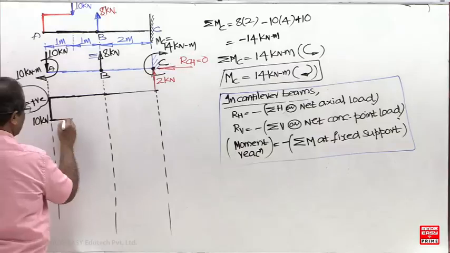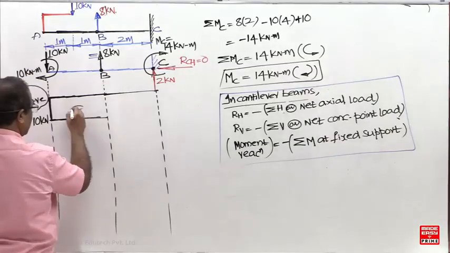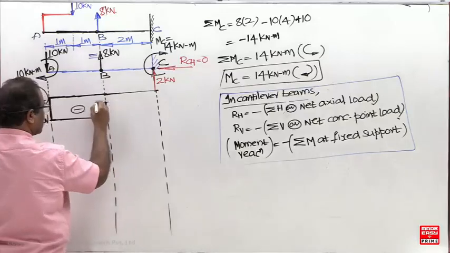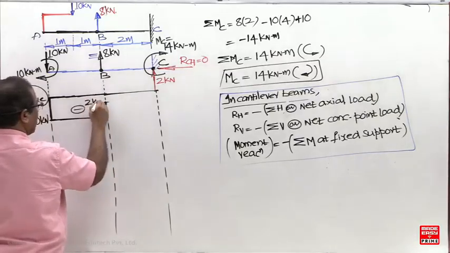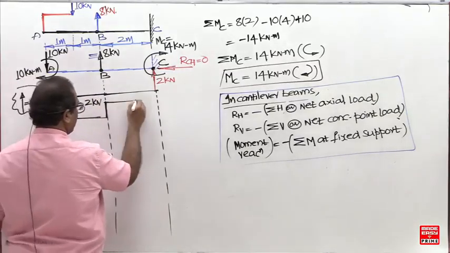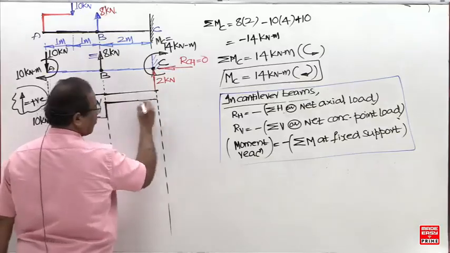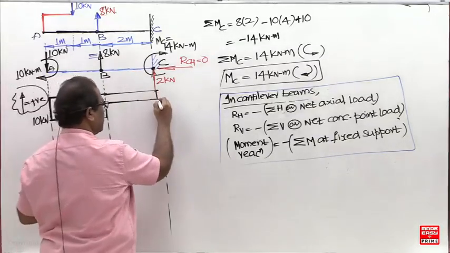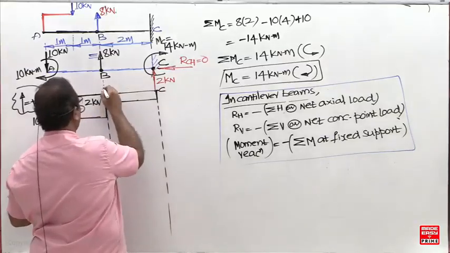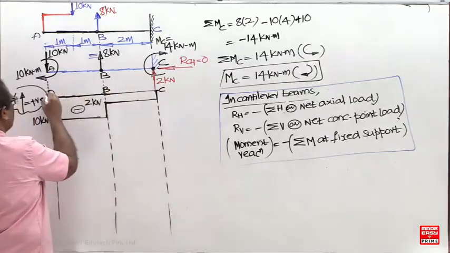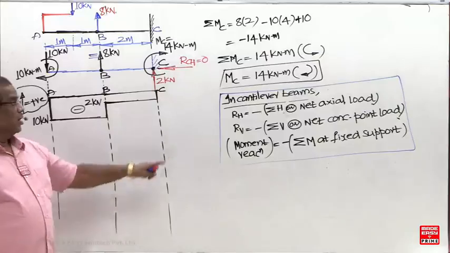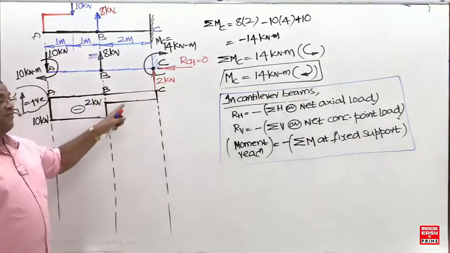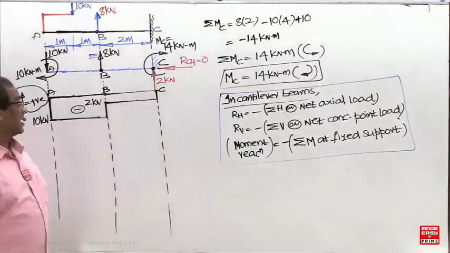Next, draw a parallel line. So -2. Upward is positive, 0. If the SFD closes, it means your vertical reaction is correct. Vertical reaction is correct now. If the SFD does not close, it means your vertical reaction is incorrect.